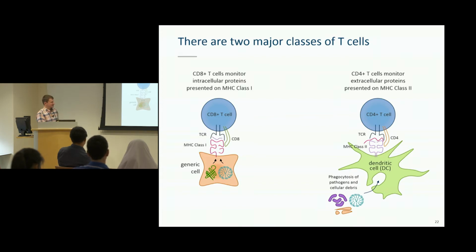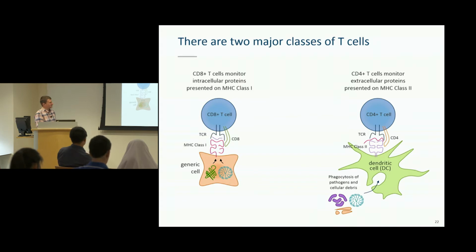CD4 T cells have this other co-receptor called CD4, which will only interact with MHC Class II. MHC Class II, according to the textbook, is in charge of presenting peptides from extracellular proteins. These extracellular proteins could be from some bacteria or viral particles or chunks of dead cells.